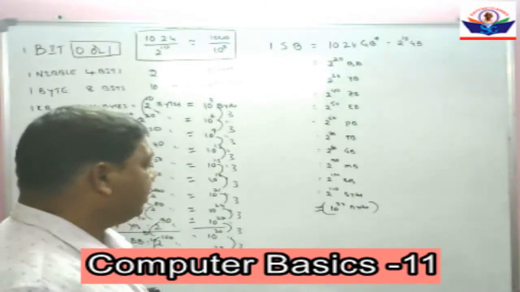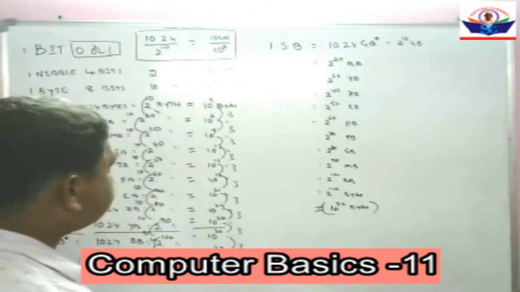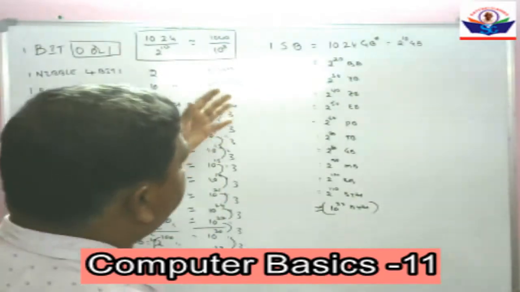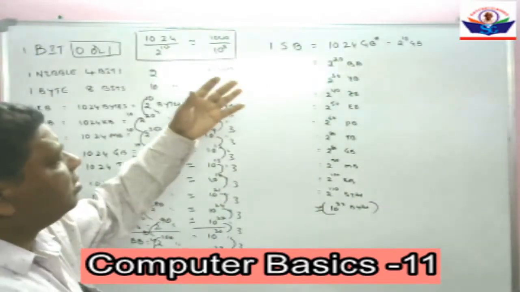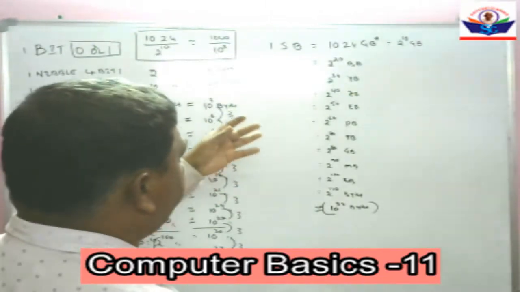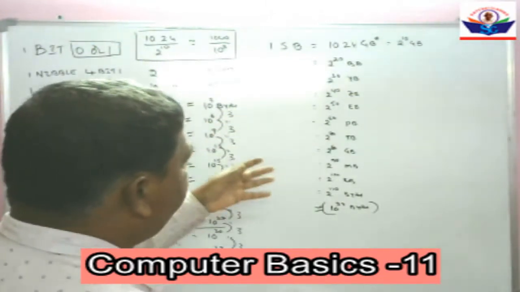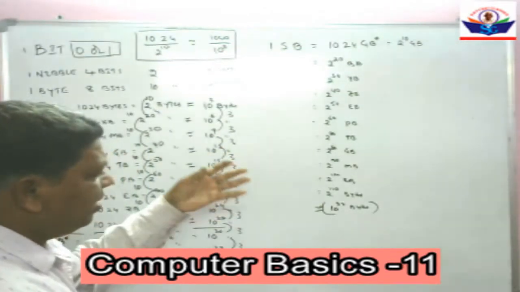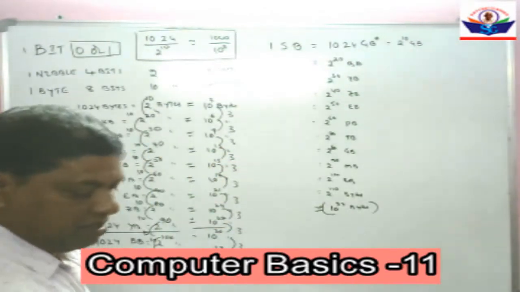Like this, 1 Sagar byte can be represented in terms of geobyte, protobyte, yottabyte, zettabyte, exabyte, petabyte, terabyte, gigabyte, megabyte, kilobyte, and bytes.